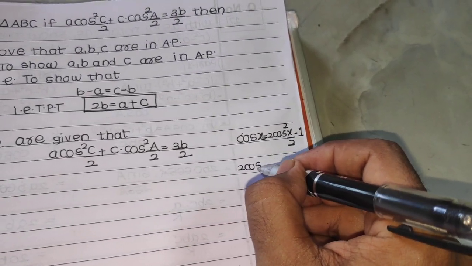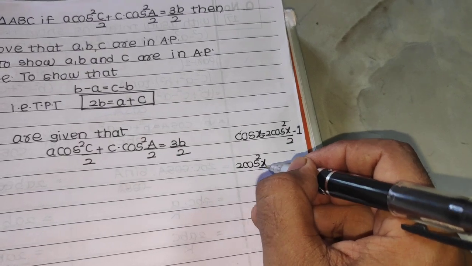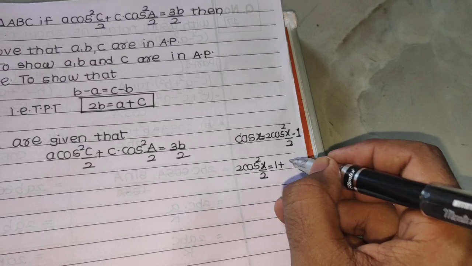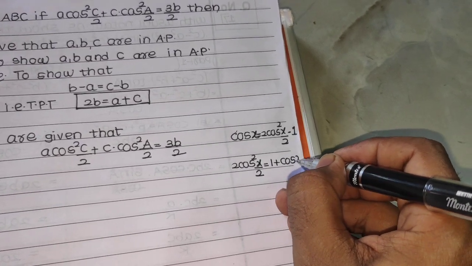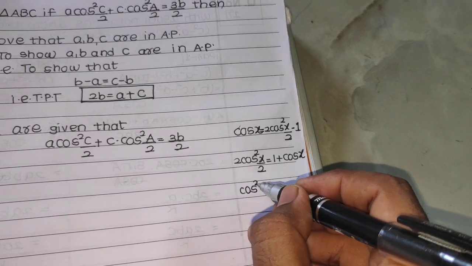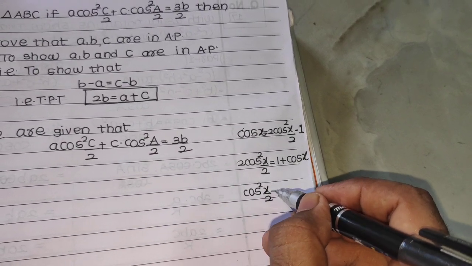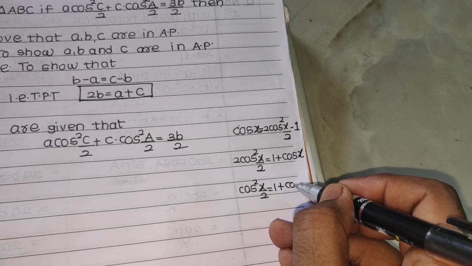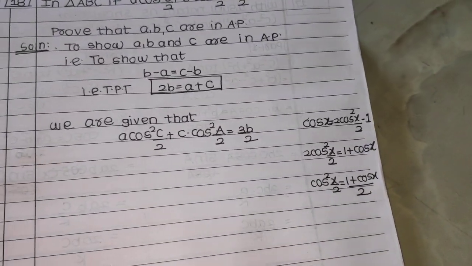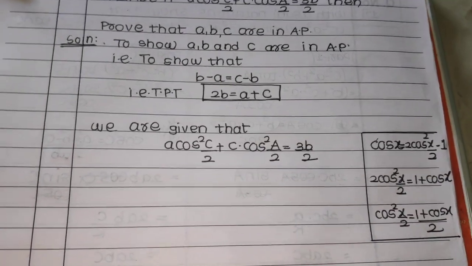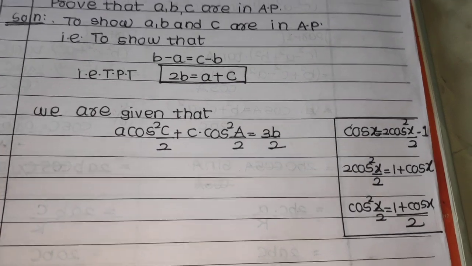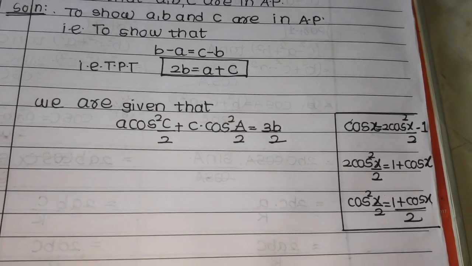This can also be written as 2 cos square x by 2 equals 1 plus cos x, and this shows cos square x by 2 equals 1 plus cos x the whole divided by 2.